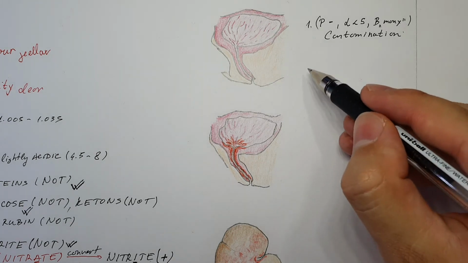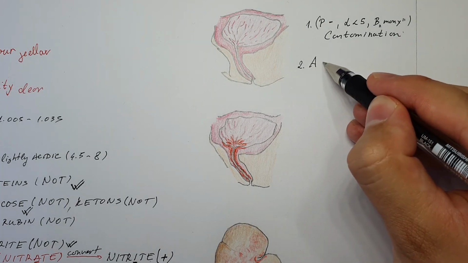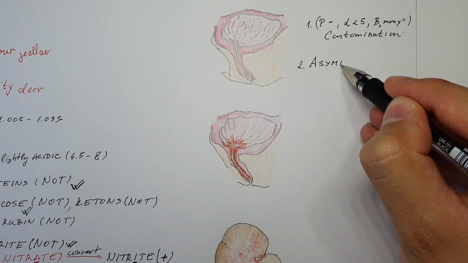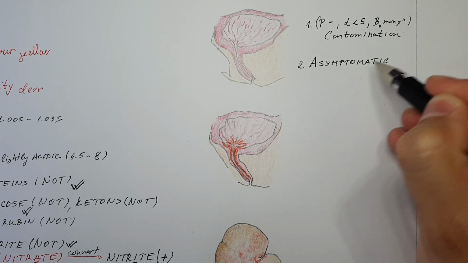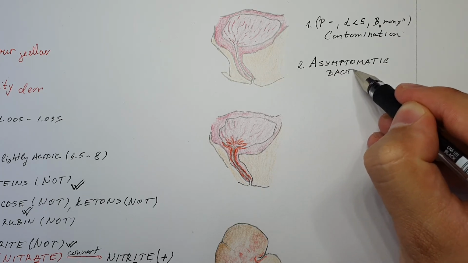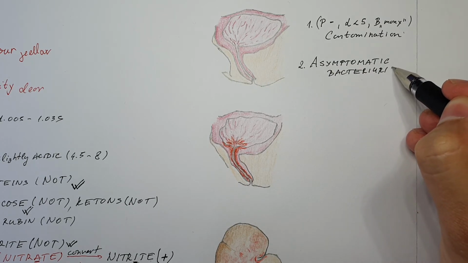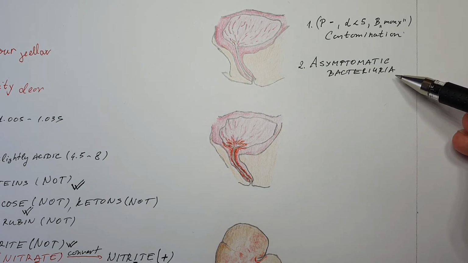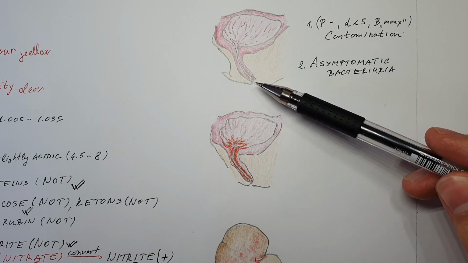The second possibility is something called asymptomatic bacteriuria. So asymptomatic bacteriuria means that our patient has gone to a routine medical checkup.